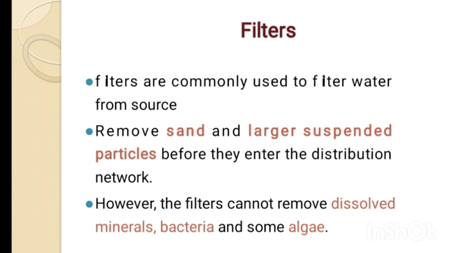It can remove most of the plant waste from the sources and some sand particles, dissolved particles also can be removed. But it cannot remove the dissolved minerals, bacteria and algae.